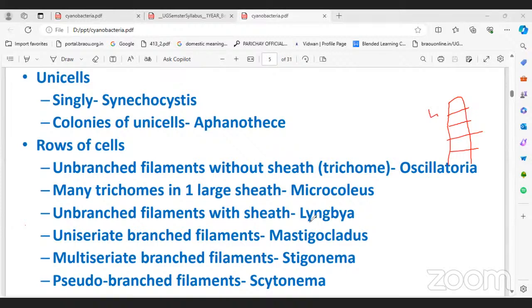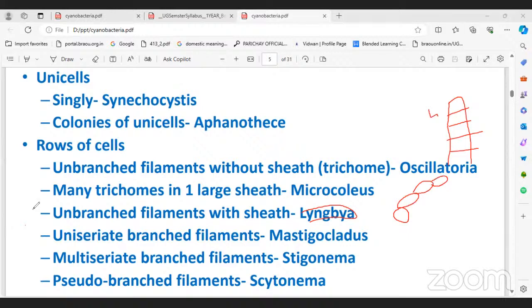But what about Lyngbya? If you see in Lyngbya, same unbranched thallus, the cells appear like this. These are the cells. Of course, maybe the cells are globose or rectangular, whatever it may be. So this is also unbranched. But here, let me change color.